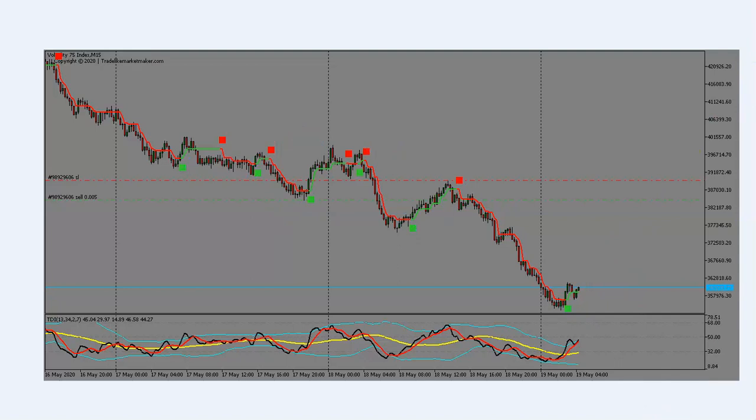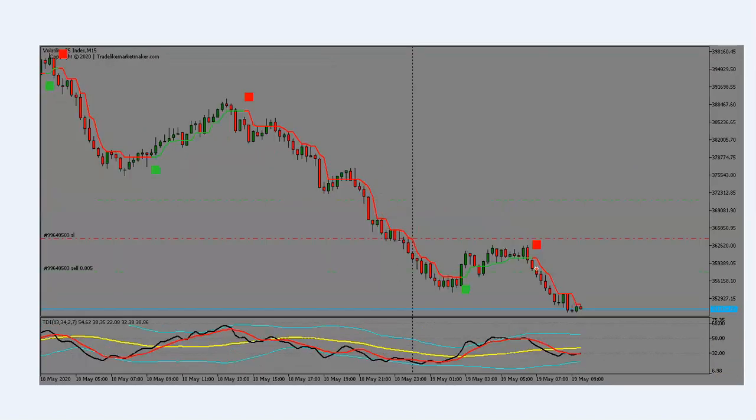Okay, let's go to the next flash. As you can see, the signal I was telling you about, it came like this. You should avoid trading this. Not valid. Avoid trading this and this.